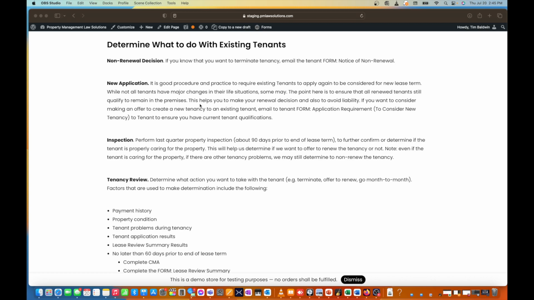Some things may in fact change with the tenant during the past 12 months, and that could include their income, revenue. It could include criminal charges. It could include their credit score, filing bankruptcy. Any number of things could have changed within the past 12 months for this tenant. And so that's why we have the tenants apply again, so we can make sure that they still qualify to have a tenancy at that location for another term.